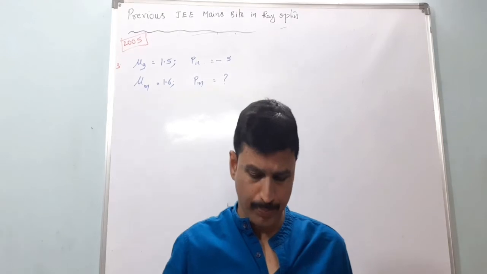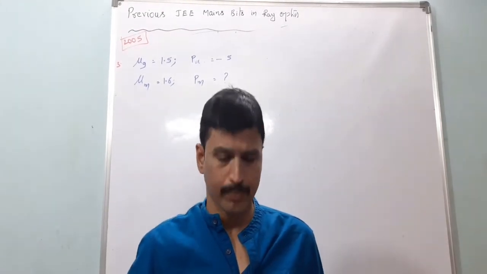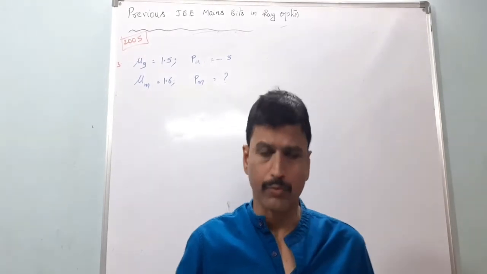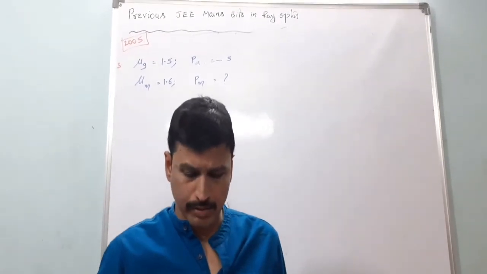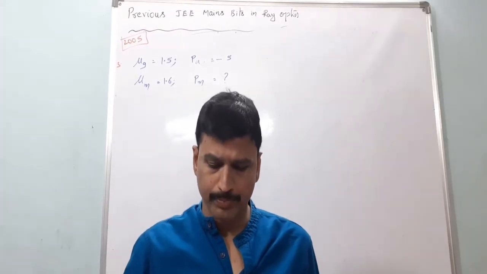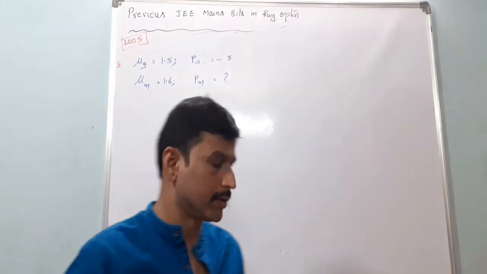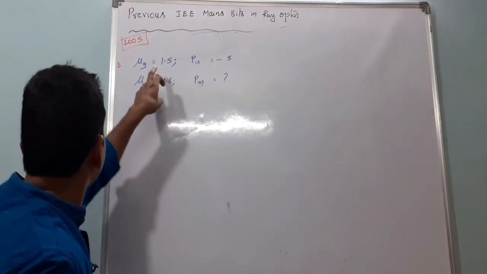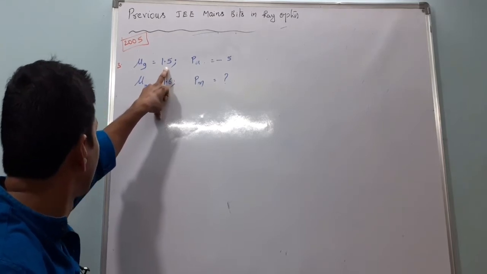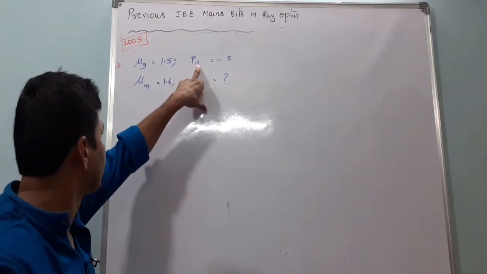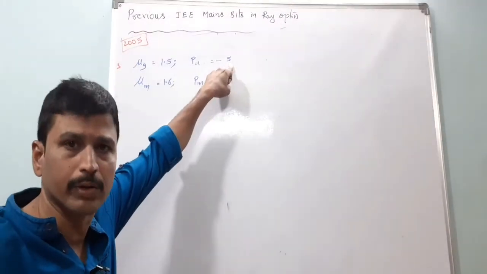See the next question. This is most important model, lens makers formula. In 2005, a thin glass of refractive index 1.5, lens has optical power of minus 5D in air. So the given data is refractive index of glass equals to 1.5 and the power in air, A means air, is minus 5D, D means diopter, unit of power.